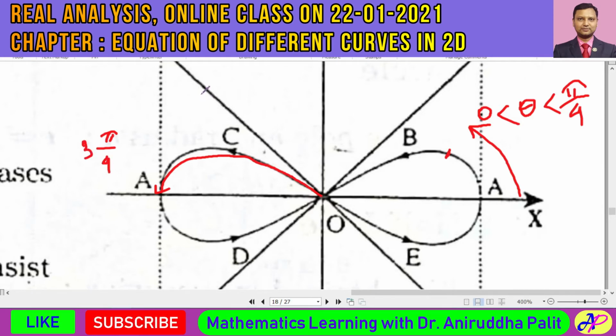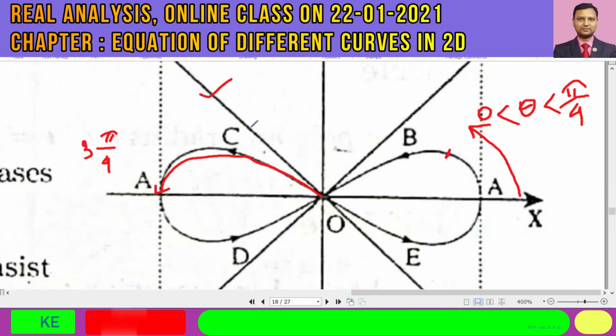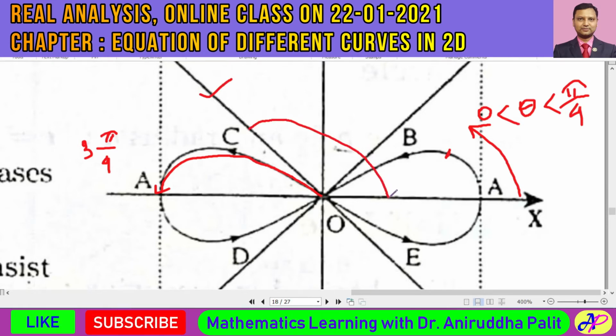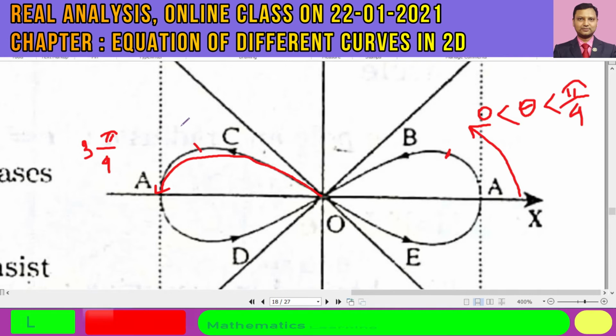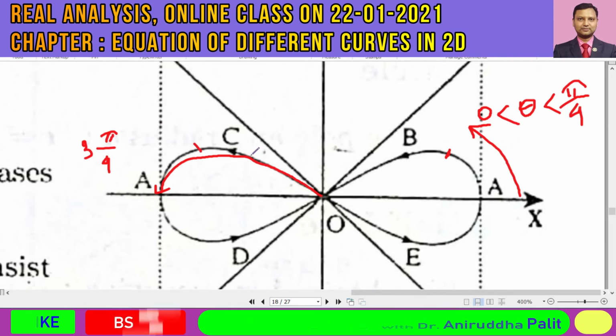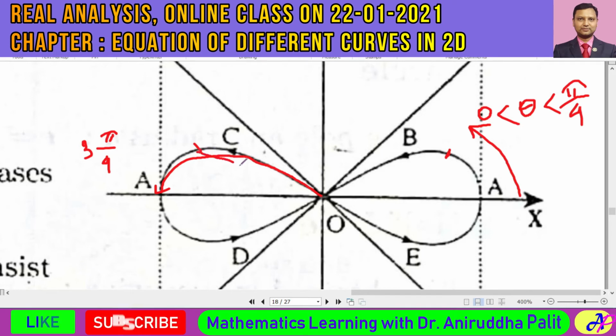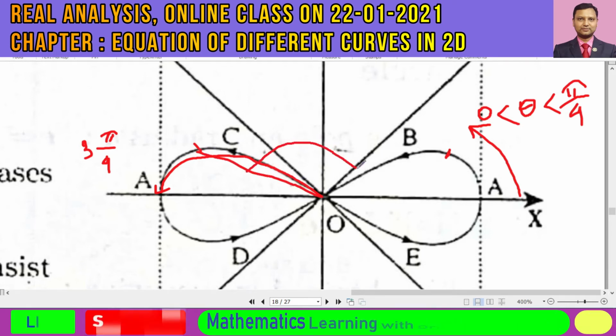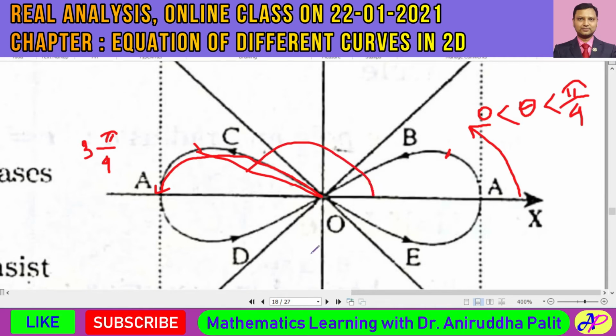Because this straight line is making an angle of 3 pi by 4 with the positive x-axis. So if you consider any point P in this zone, the angle of the radius vector will be greater than 3 pi by 4.